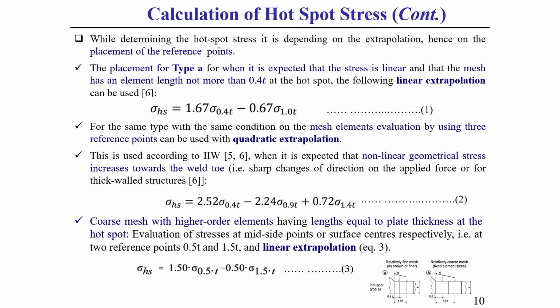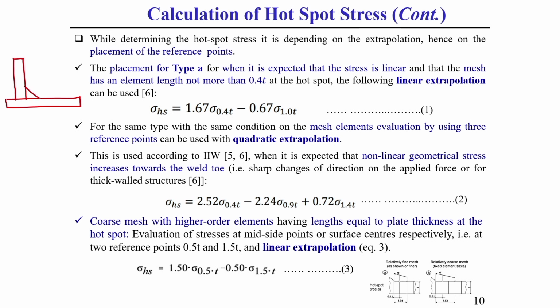Now, I am showing how to determine this hotspot stress using linear extrapolation. Let us consider one example, then it will be very clear to you how this linear extrapolation is done.